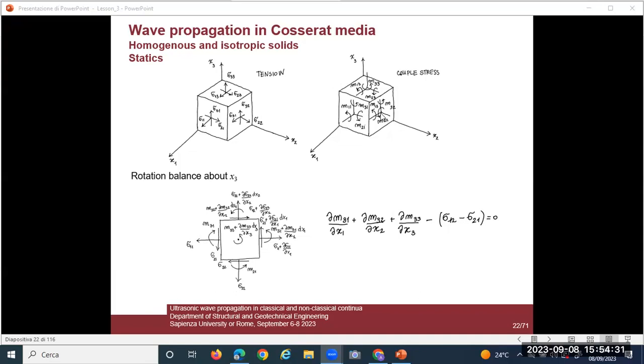You see that on each face, you've got also three components of the couple stress. If you imagine writing down a rotation balance, you can draw it like that, and you come up with this kind of equation where here you just have the classical stress components, the components of the classical stress tensor.